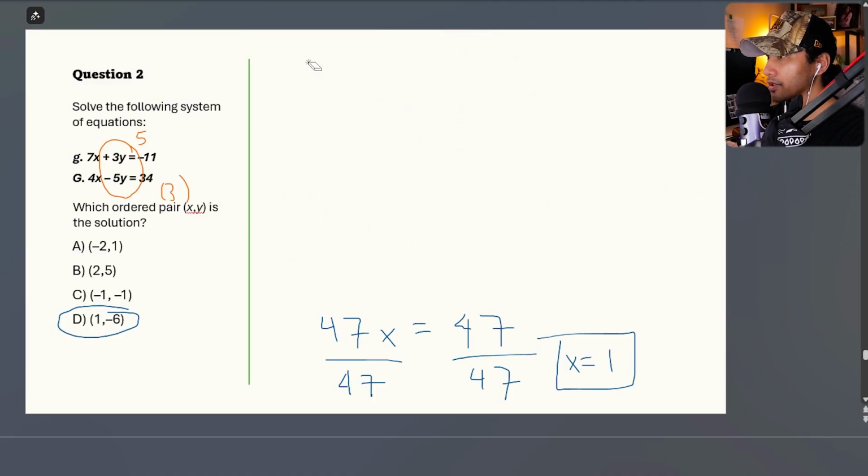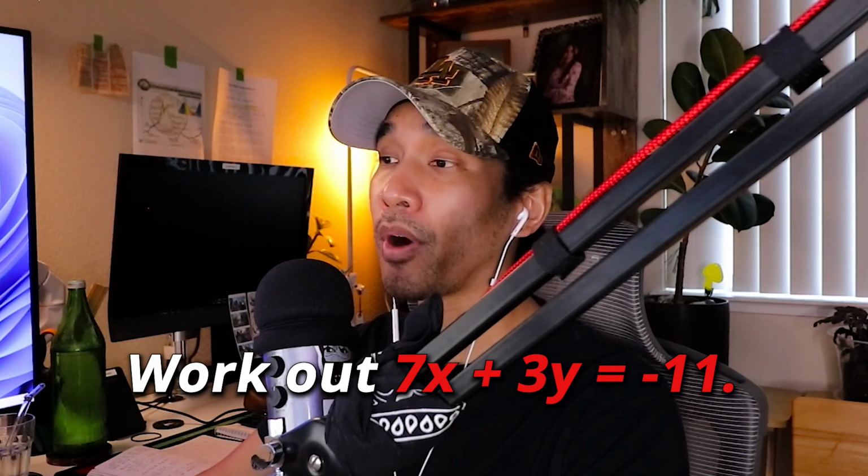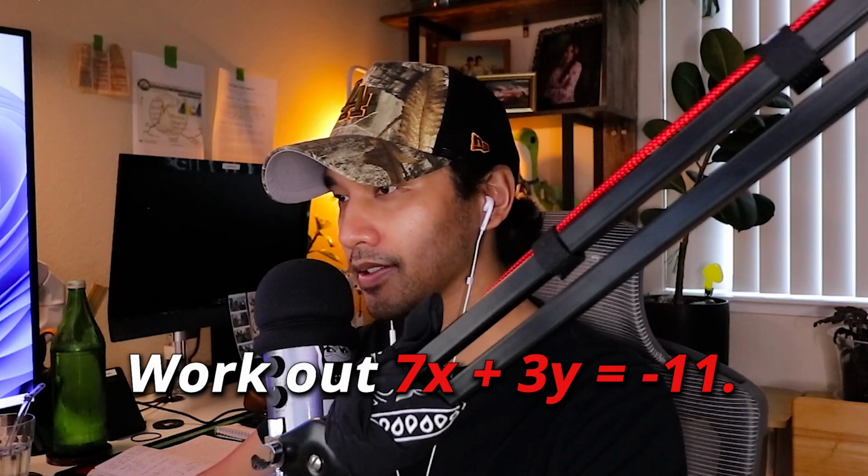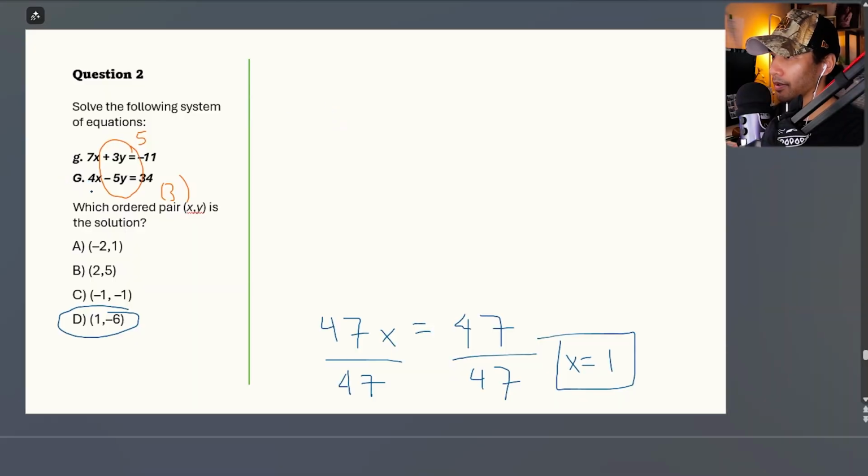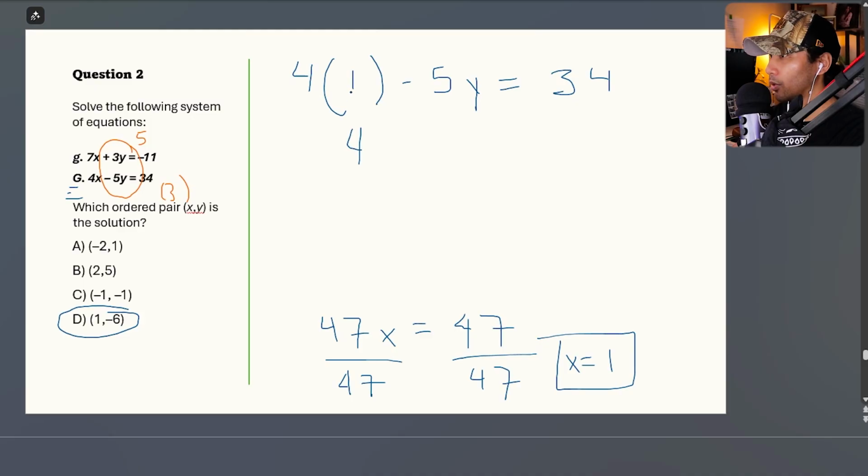I'm going to plug the x into the second equation. That's what I want you to do for practice. So I'm going to choose capital G, and then I'm going to go 4 times 1 minus 5y equaling 34. And then we get 4, because 4 times 1 is 4, minus 5y equaling 34.